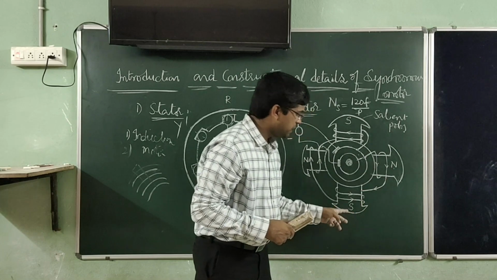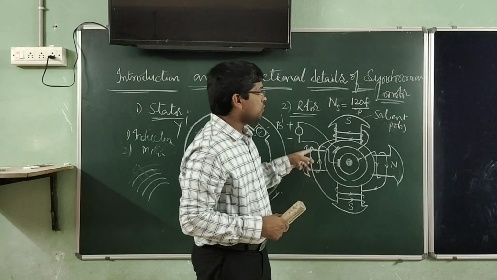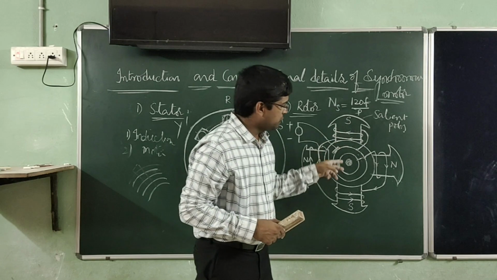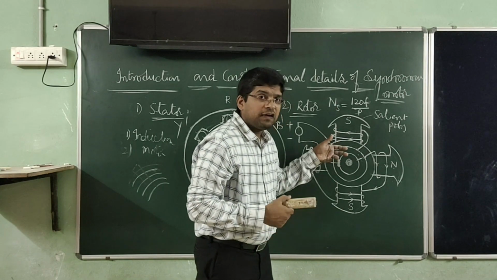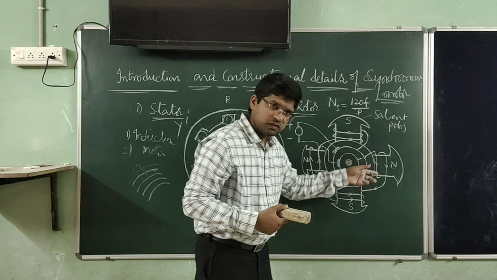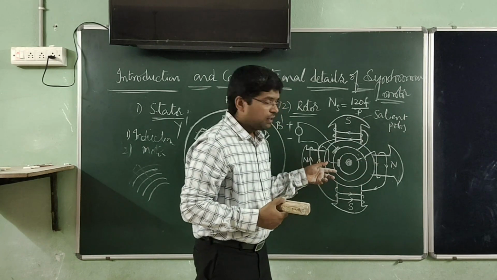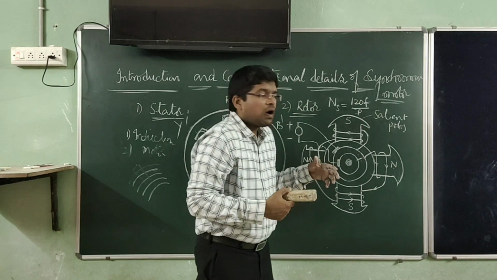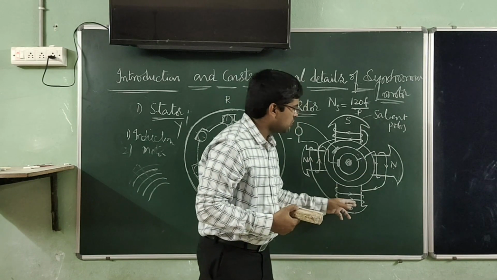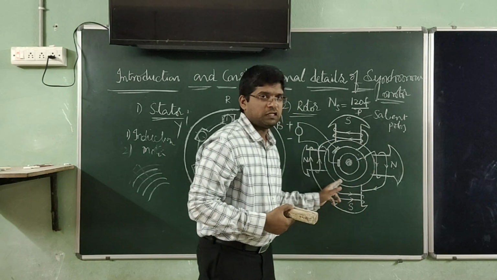Here it is a north pole and a south pole, and a north pole and a south pole. So we wind a field winding around the field poles such that the current flowing through it forms alternate north and south poles on the poles of the rotor.